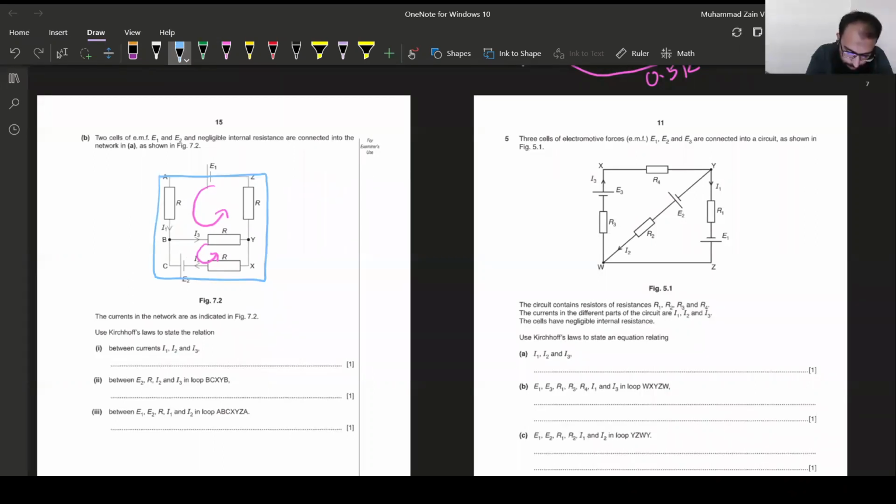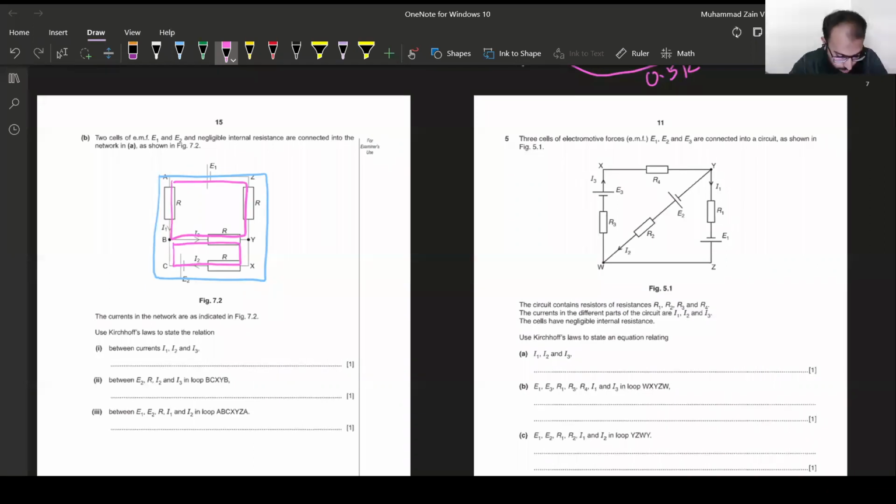The loop in blue would be one loop, and then there would be another loop in pink, and another loop in pink. So these are the three loops which I can get from this.